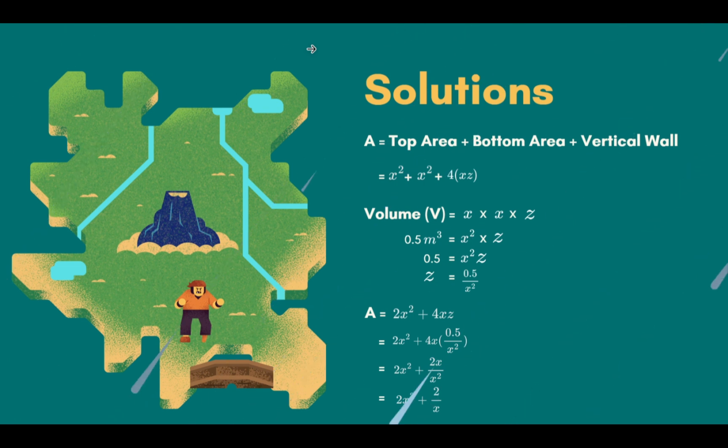First we write the area equation, and then we write the volume constraint. We are given the volume, which is 0.5 meter cubed.